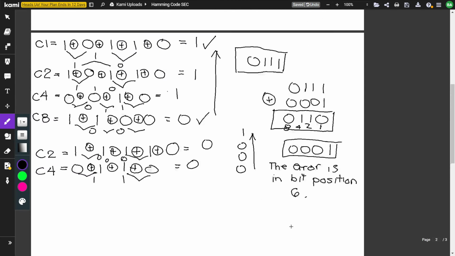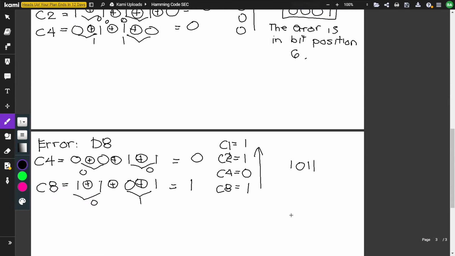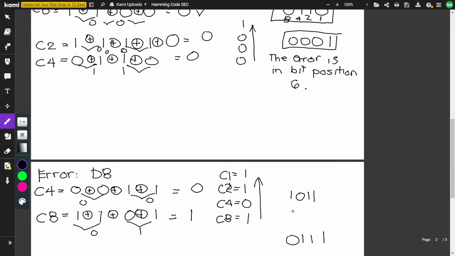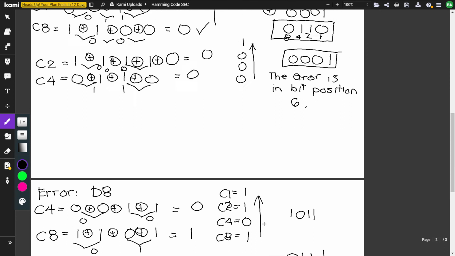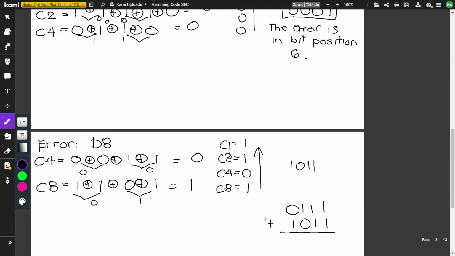So the original check bit is again 0111, and then you need to XOR it with 1011. So XOR. Okay. So the symbol of XOR is actually a plus sign and then a circle. So again, XOR: the same value 0, different values 1. So we have 0, 0, 1, 1.